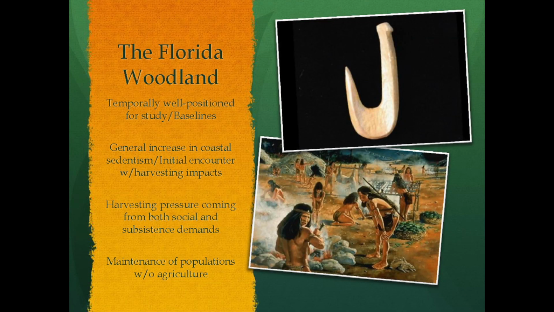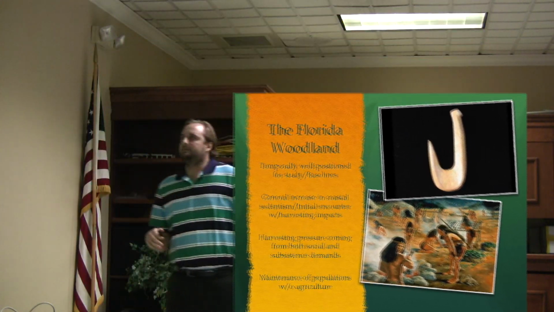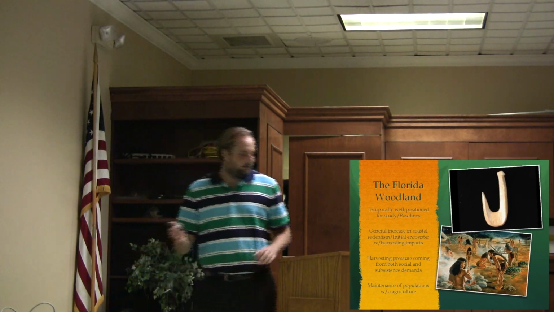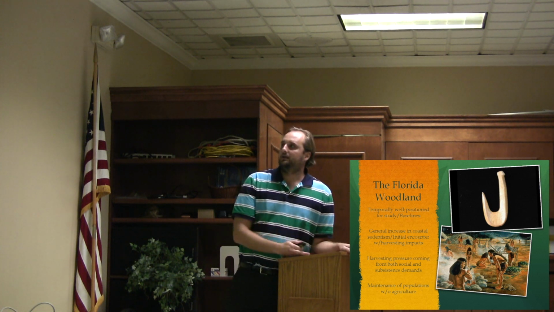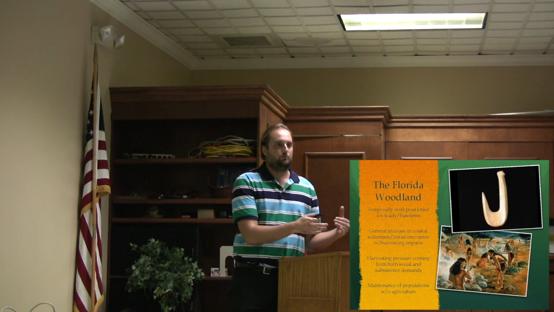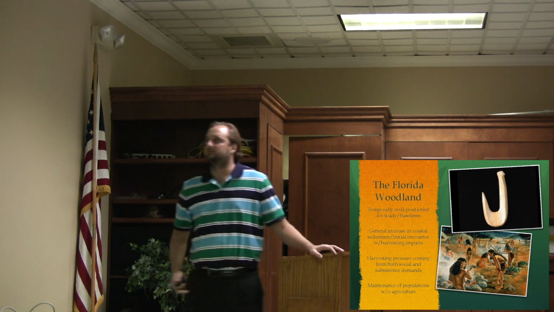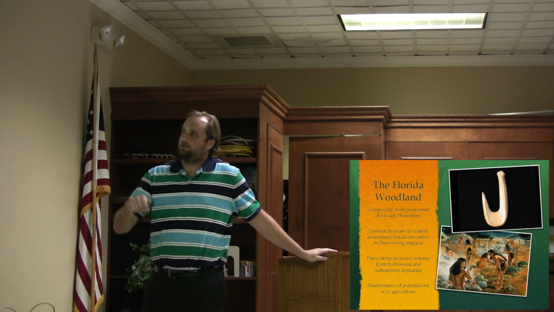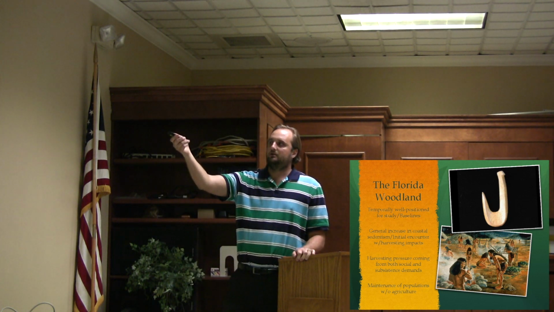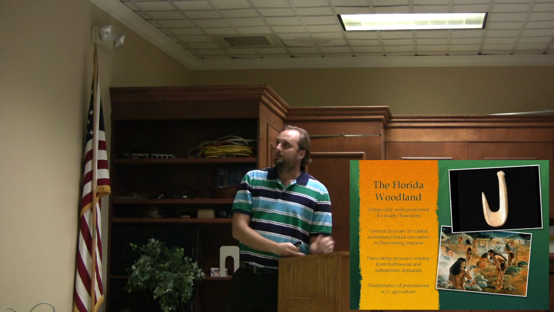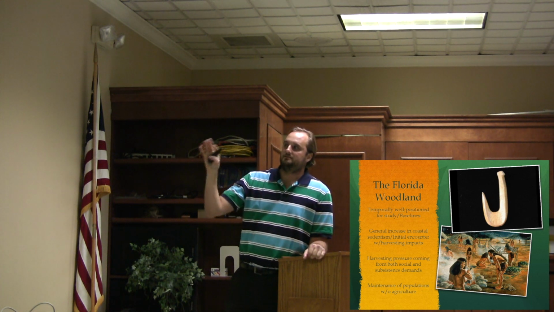Alright, why I think personally the Woodland period serves as a really good time frame to test this idea, especially at Crystal River, is because it's right in a transition between not so intensive harvesting, where you can look at what a non-impacted ecosystem looks like with the earlier Archaic period, and the first time it's possibly encountered with these intensive sedentary environments like at Crystal River.